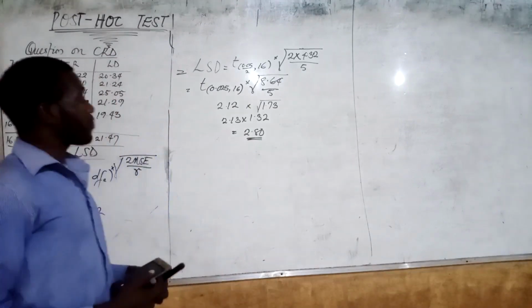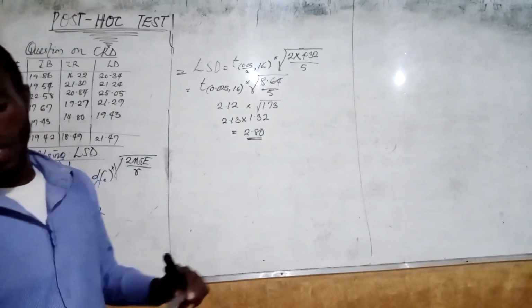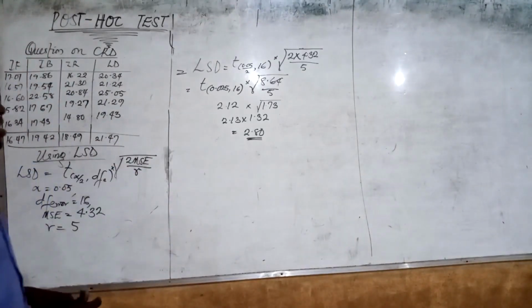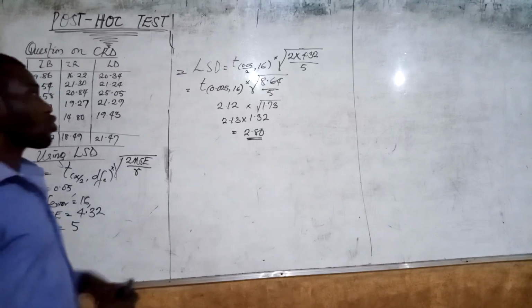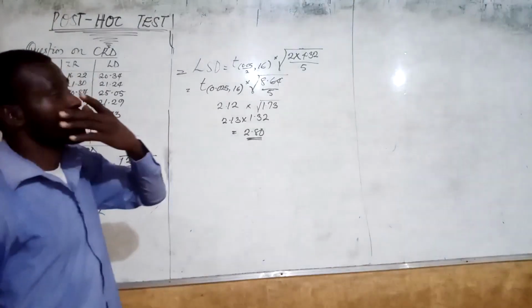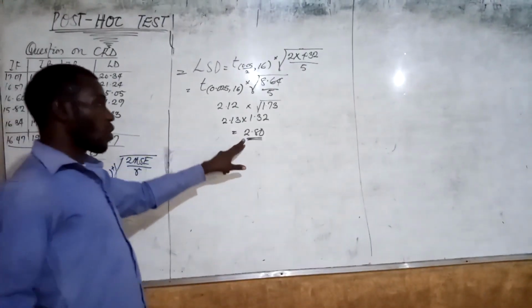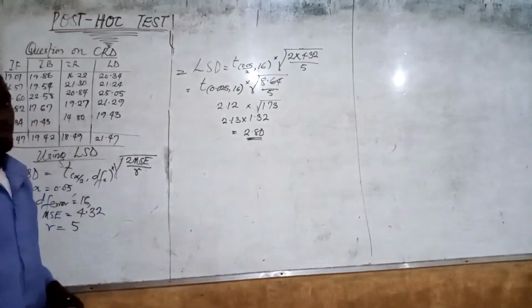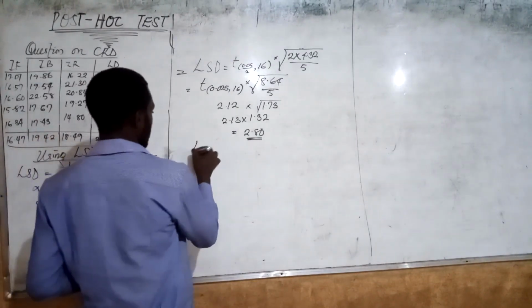The advantage of Fisher's LSD is that you don't need to compute several values. You just use this one value to compare with every other value. How do you do that? You do what is called the pairwise comparison.